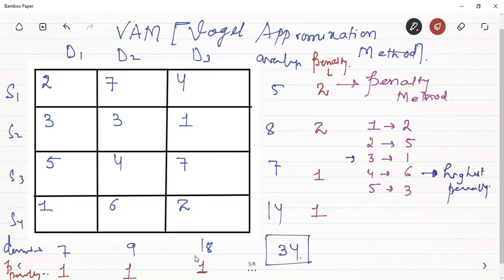Obviously we'll prefer highest penalty, because अगर हम उसमें least cost वाले में एलोकेशन नहीं कर पाए तो हमें क्या देनी पड़ेगी? हायर पेनल्टी देनी पड़ेगी. We will have to give a higher penalty which will contribute to the higher transportation cost.